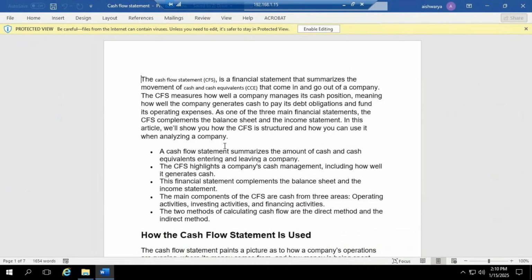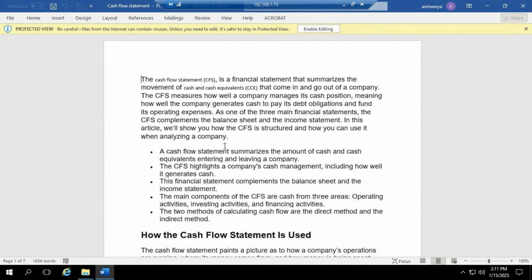The cash flow statement measures how well a company manages its cash position, meaning how well the company generates the cash to pay its debt obligations and fund its operating expenses. As one of the three main financial statements, the cash flow statement complements the balance sheet and the income statement.